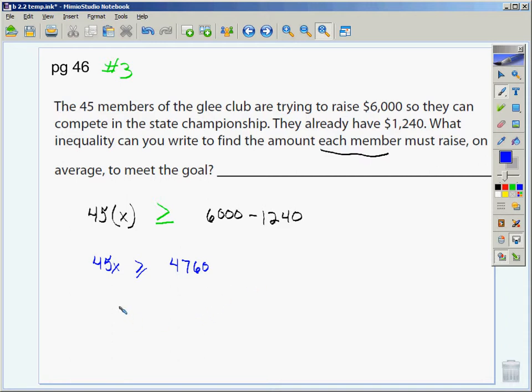Now, I will tell you that these problems, because they weren't designed necessarily to be solved, I'm going to come up with something like this. In relation to this problem, since each student must raise more than or equal to 105.77777, how much must each student raise, at least?